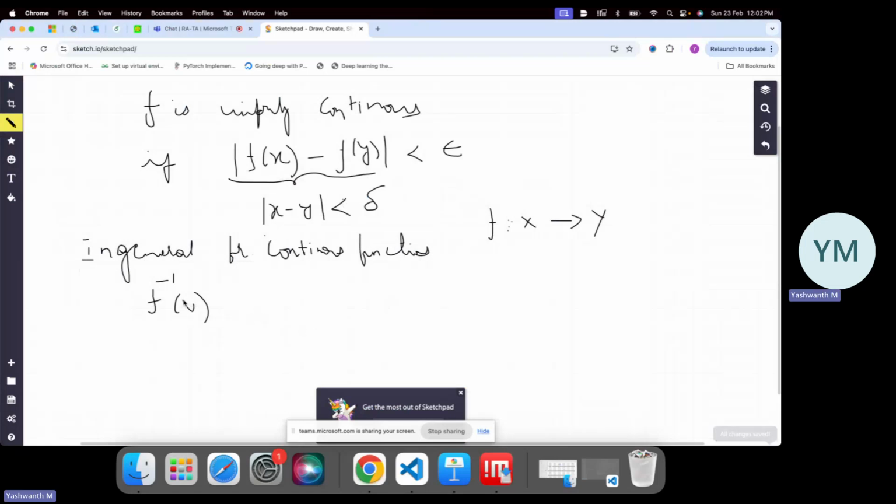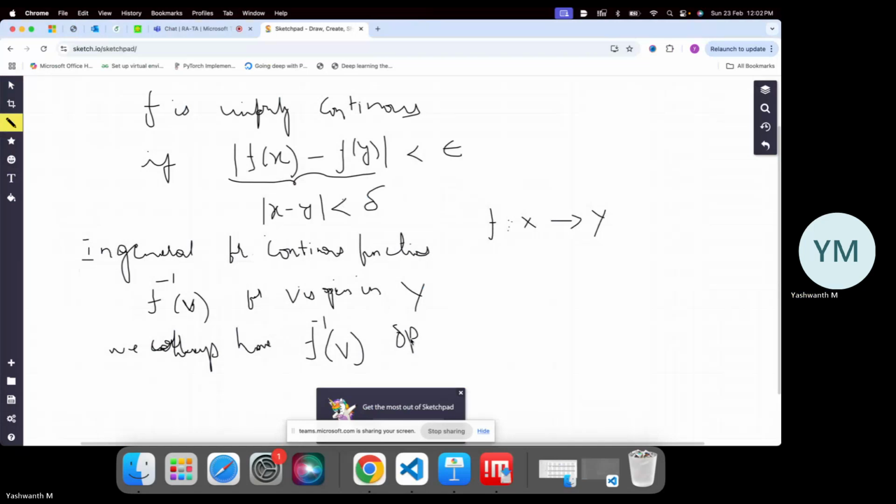Whenever v is open in y, we always have f inverse v open in x, right?